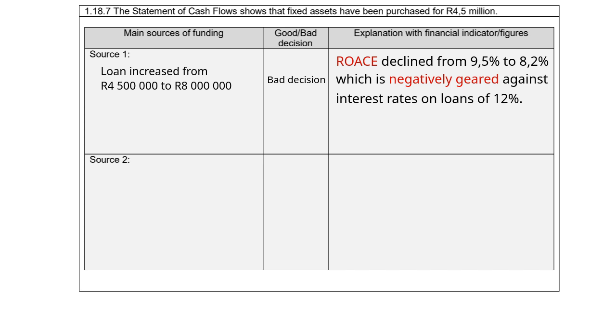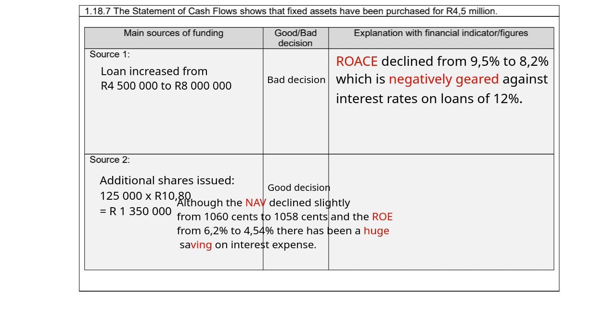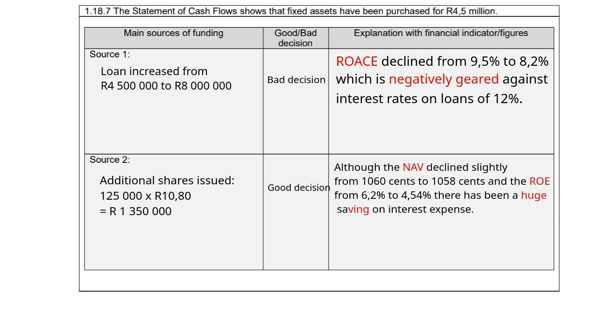And for source 2, I would use the information of the additional shares that was issued. Now 125,000 shares was issued at R10.80 per share to give you 1,350,000 rand. This is a good decision, and to help me with my answer, I would use two indicators: the net asset value per share, and the return on owner's equity per share.